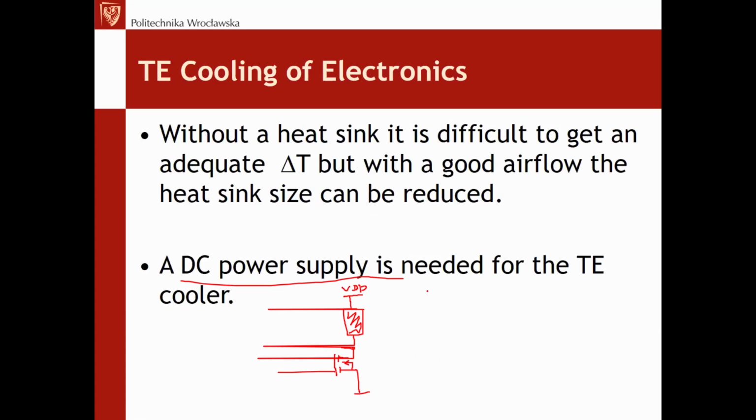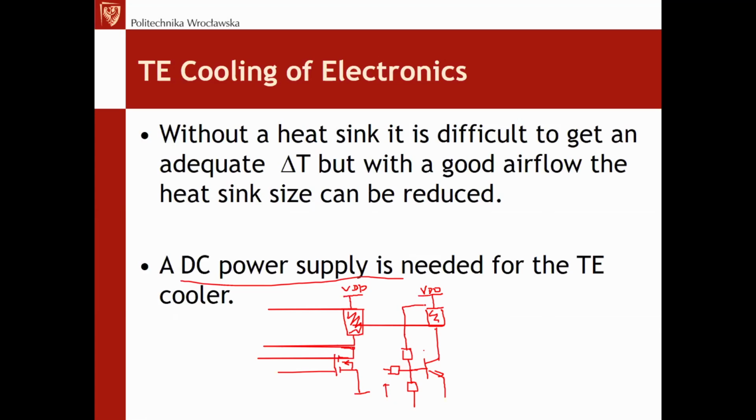Therefore, if you want to have linear regulation, then the simplest application would be to use, instead of a MOSFET, a circuit with an NPN transistor, and then to drive the NPN, to polarize it, from some voltage source here.